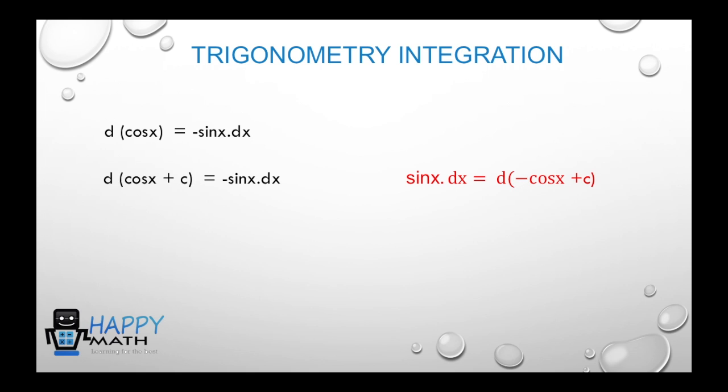So when you take sin x from outside the derivative to the inside of the derivative, the function will change to minus cos x. And when you get minus cos x, you have to add c at the end of the integrating operation. That's why I have the second main method for trigonometry integration in this one.